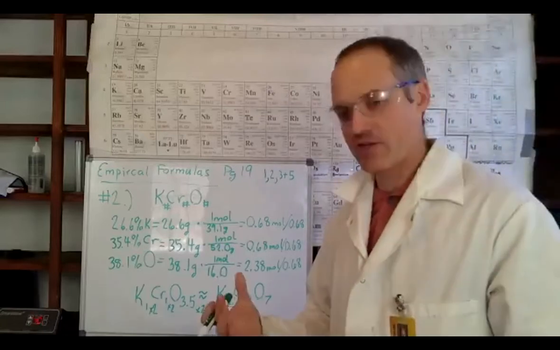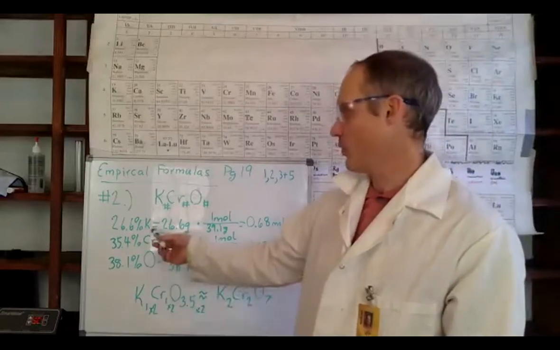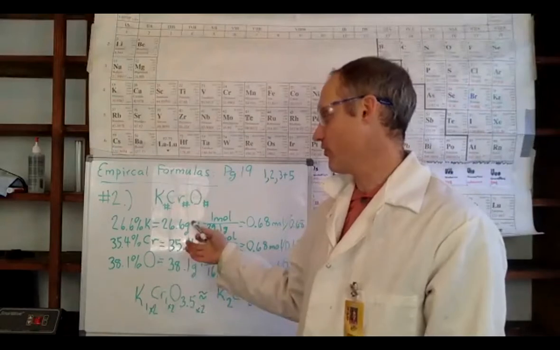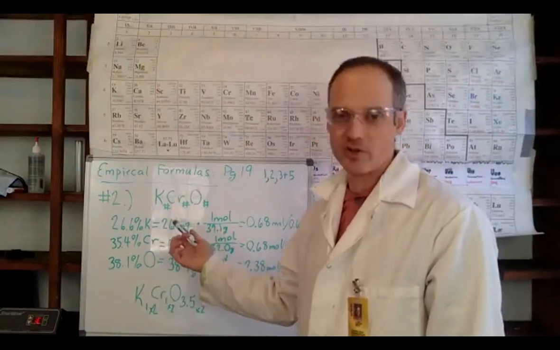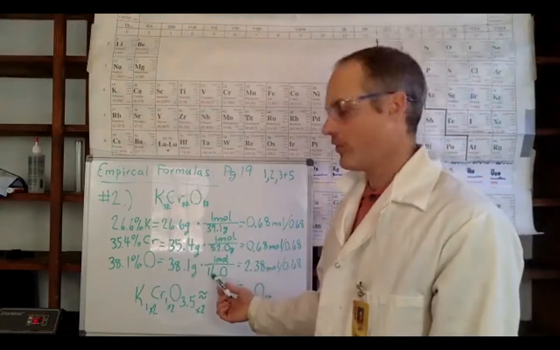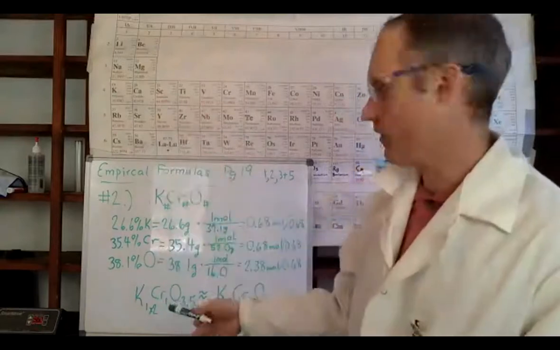Okay, so that's the general setup for those problems: you have to start with grams, or if you have percentages, you have to change it to grams just by literally writing grams. And then you convert them all to moles by dividing by the formula weights off the periodic table.